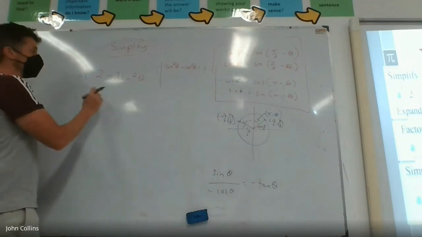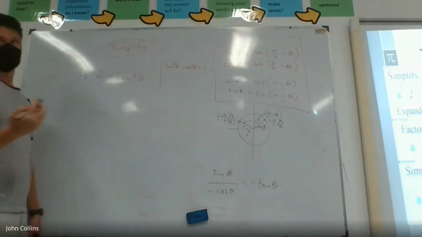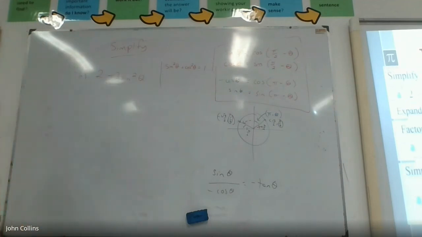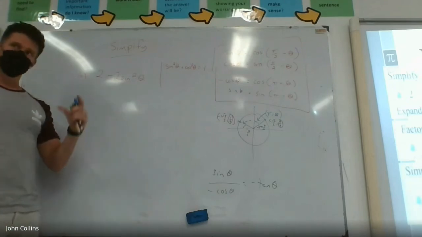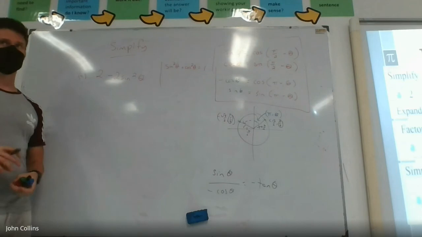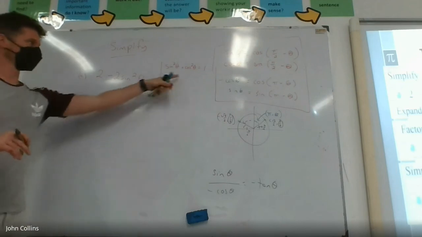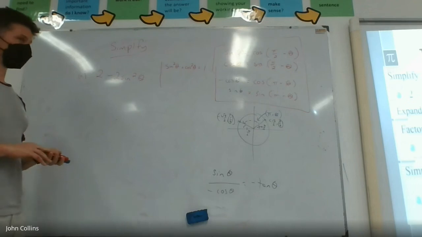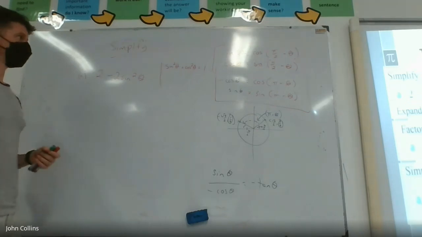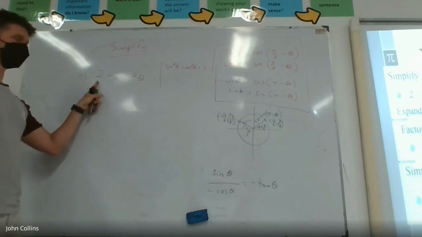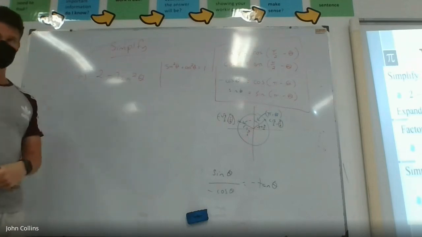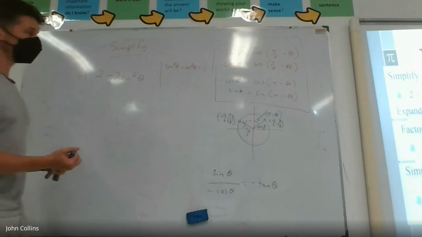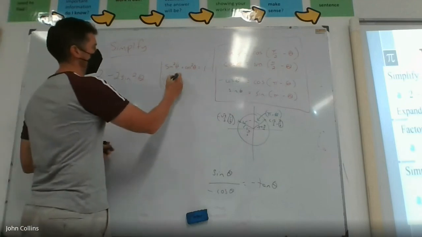Simplify in general means if I have 2 terms, I'll try and simplify it down to 1, as simple as I can get. So I want to get these 2 terms down to 1. How can I do that? Using this. There's a number there, sine there, there's no cosine there, but we do have a relationship between those two.